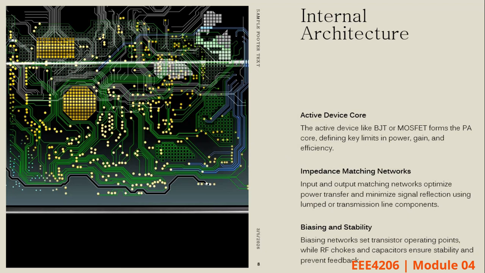And then we have the output matching. This is where you ensure there is efficient transfer of power from the transistor to the load. So the transistor is in between, converting the DC power supply into the RF power supply. Now this is transferred into the load.